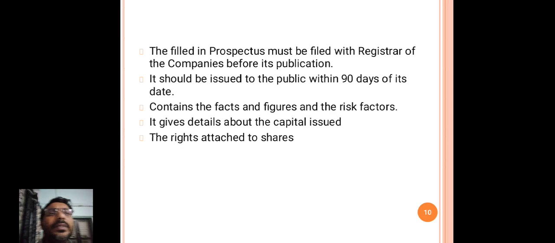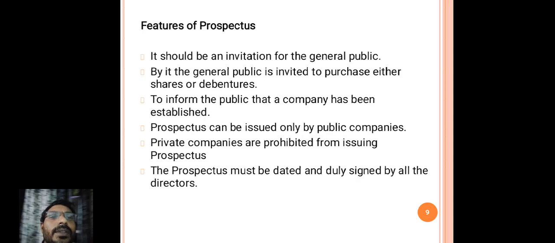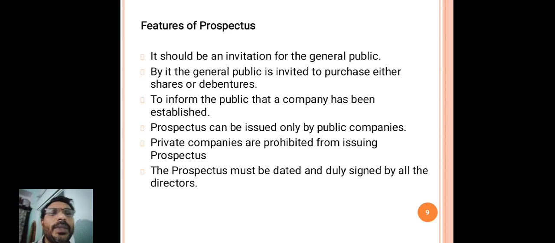In the next class, I am going to explain the features of prospectus and the procedure for the incorporation of a joint stock company.